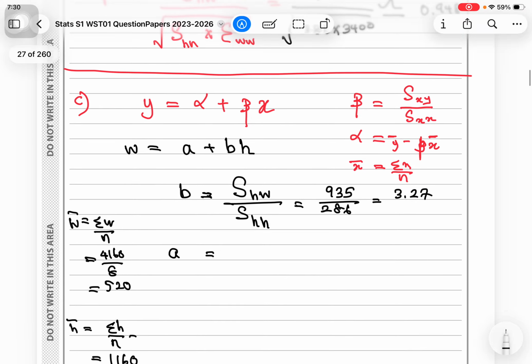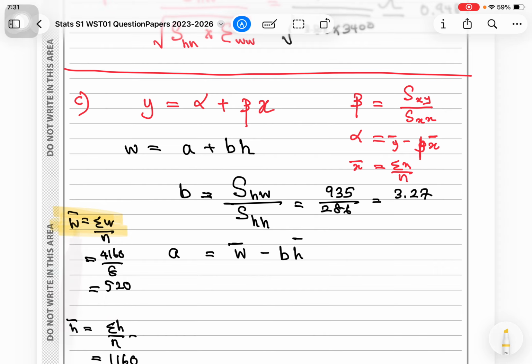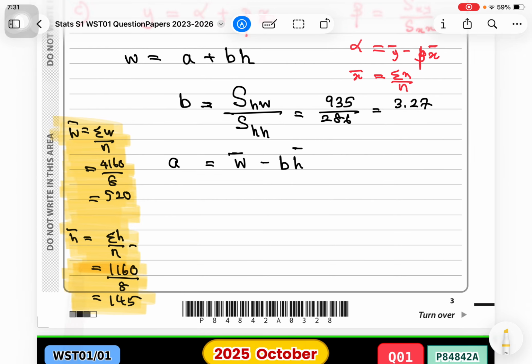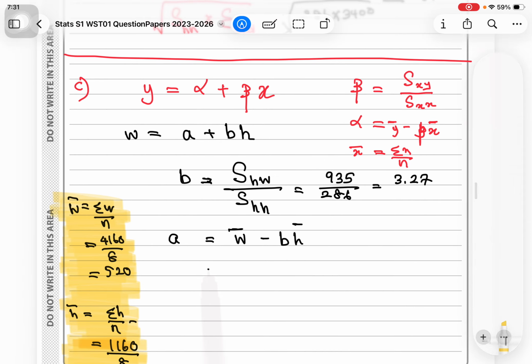Okay, now we come back to our first question. Once we have the bar values, A is going to be y bar minus b times h bar. Let me keep this calculation separately so that it will be more clearly visible, otherwise it's too messy.